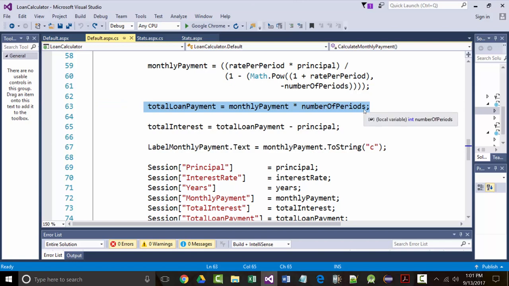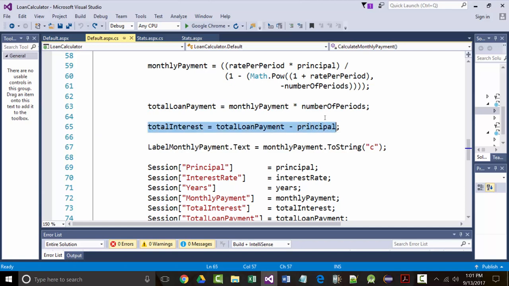That's this line, which was the multiplication of our monthly payment times the number of pays. This line right here, the total interest, was the total payment minus the principal. So this one that's right here, that is the amount of interest that you're paying.